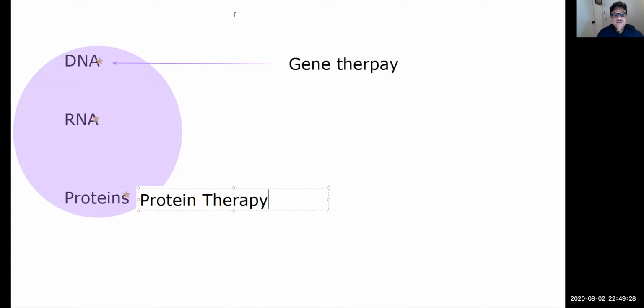But the question I'm getting to is how to treat the diseased RNA, how to take care of this. So there is a recent technology called ribozyme technology. Ribo, one word, and the second word is zyme, and zyme comes from enzyme.